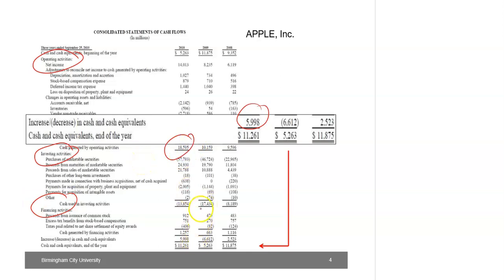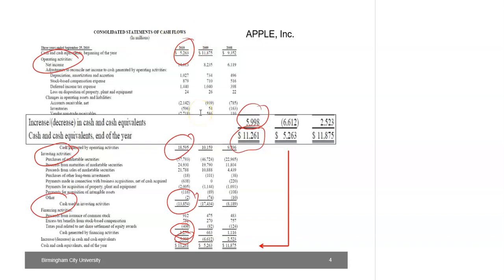However, out of it, 13.85 billion have been consumed by investing activities as net. Financing activities have resulted in a net cash flow generation of $1.25 billion. The end result is there is a net increase of nearly $6 billion in cash, and we see that the closing balance of cash is $11.26 billion compared to the opening balance of cash, which was around $5.263 billion in the year 2010.